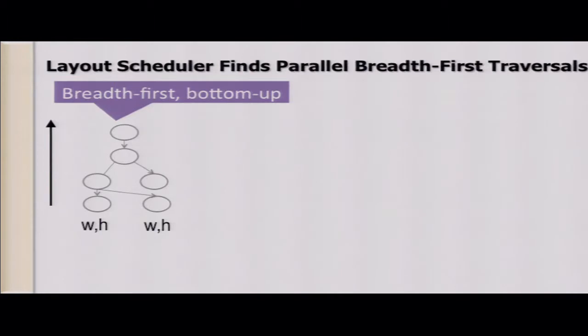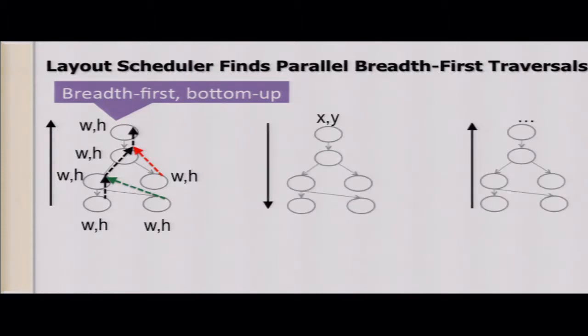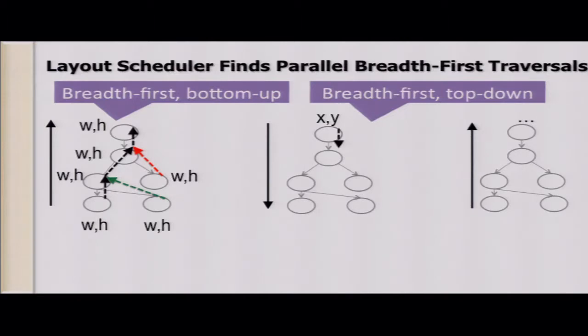So the way that we exploit parallelism is by doing parallel tree traversals. For example, in a breadth-first bottom-up traversal, we may solve the width and height attributes of all of our data. Then the compiler may schedule a top-down traversal where we do X and Y, and so on and so forth. So basically what we're doing on the GPU is a bunch of parallel tree traversals.